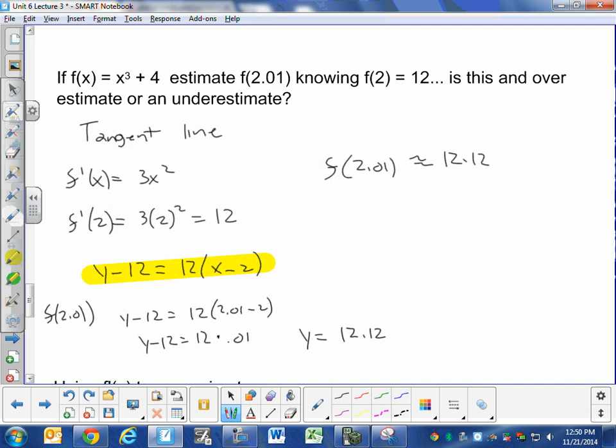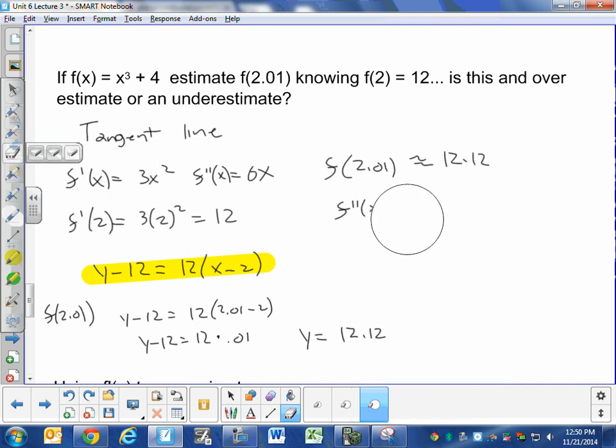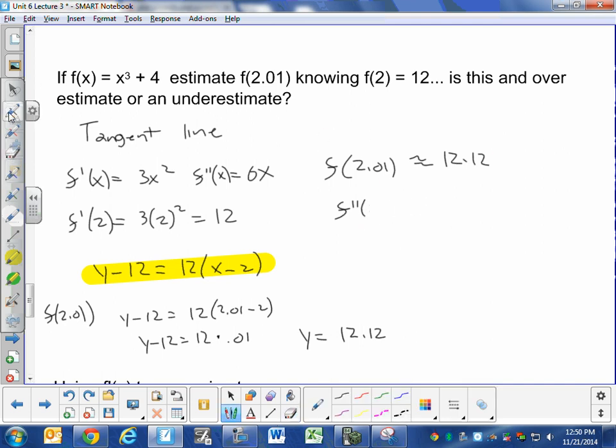Under. How do we know it's under? Because f double prime is 6x, and f double prime at 2, and really just everywhere around this, is positive. So you're thinking, okay, that means f is concave up around 2.